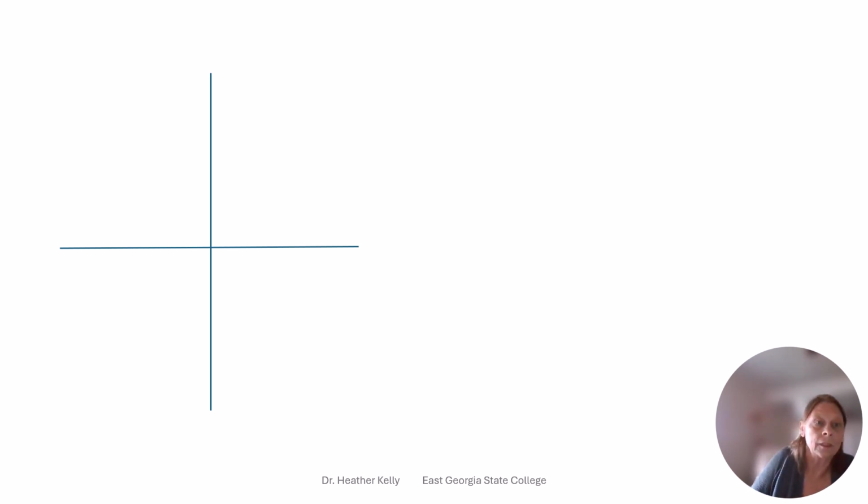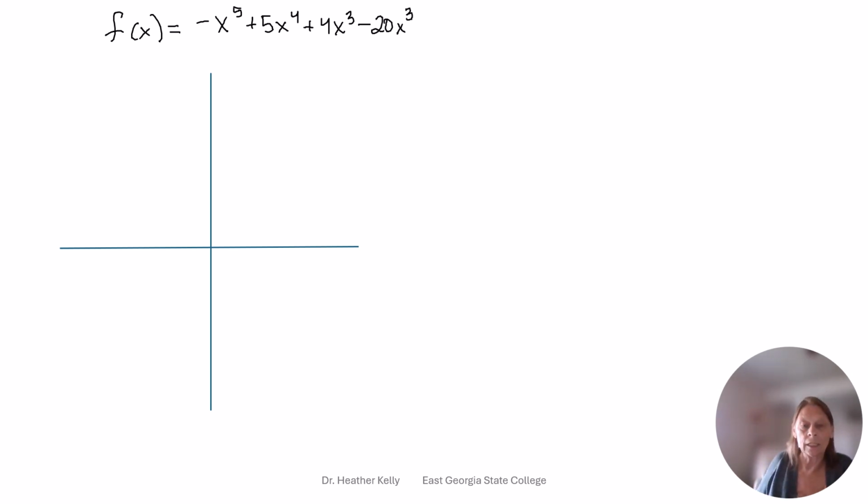This one is f of x is equal to negative x to the 5th plus 5x to the 4th plus 4x cubed minus 20x squared. So this is our first one that is not factored.